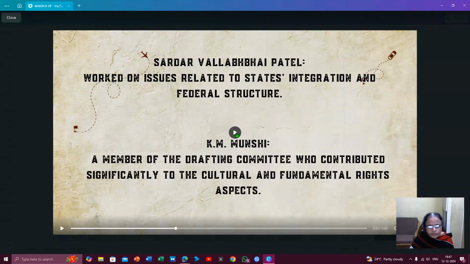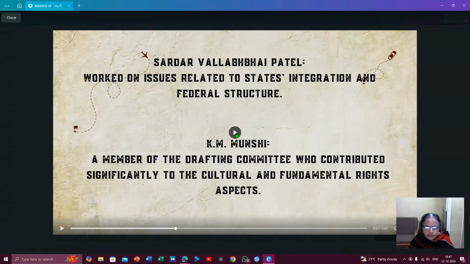He worked on the issues related to states because they were all different. Only a few parts, in the northern part and the central part, were under the rule of the British. Whereas Telangana, which was called Hyderabad state, was still under the rule of the Nizams. So all the states should come under one India.